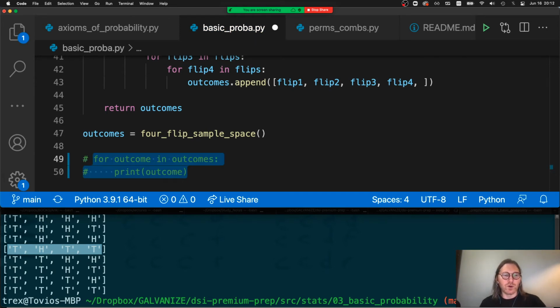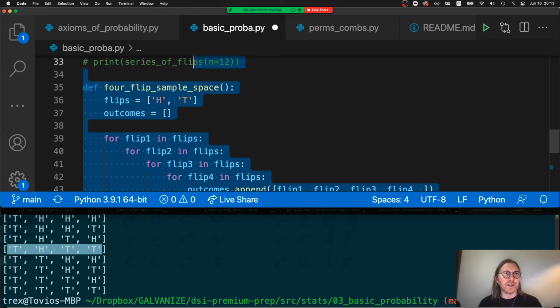So I think we're going to extend this a little bit and do another breakout, and I'll give you this code for anybody who didn't get to a solution.